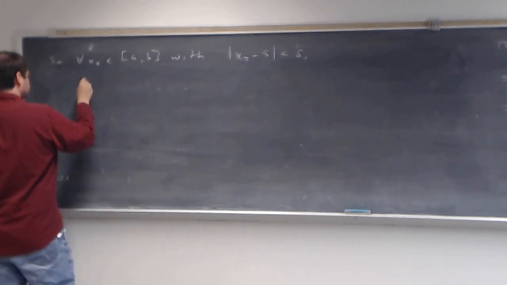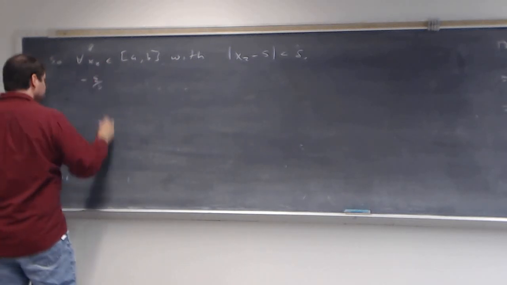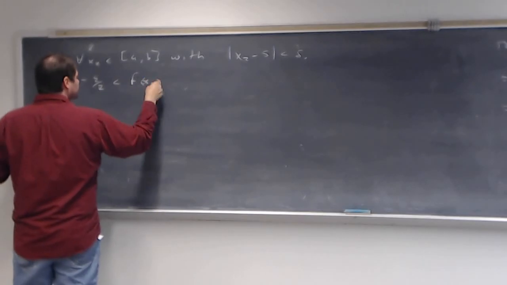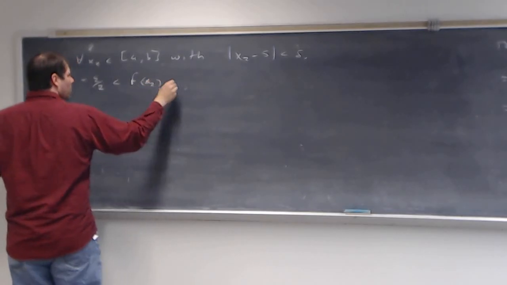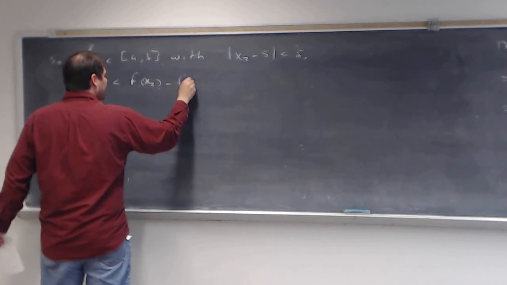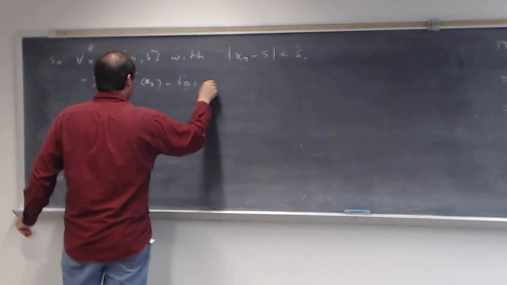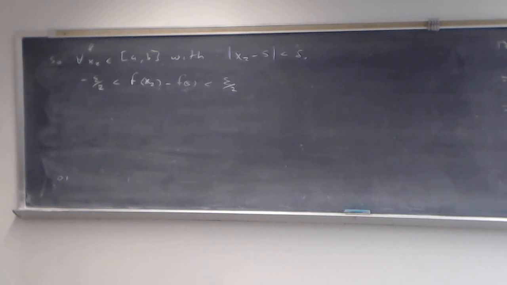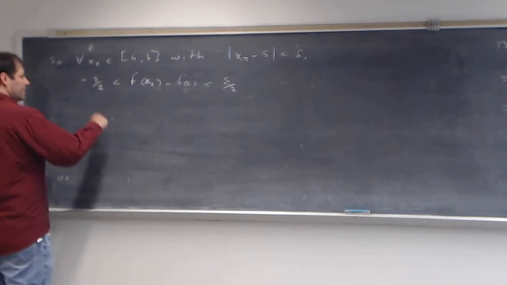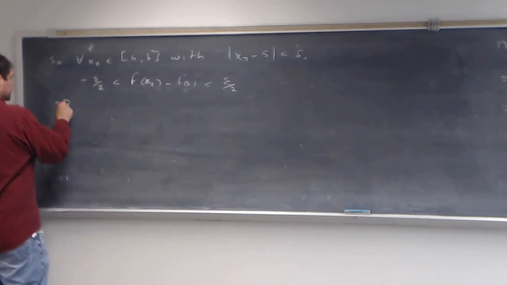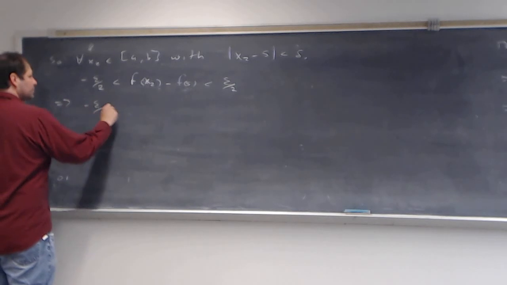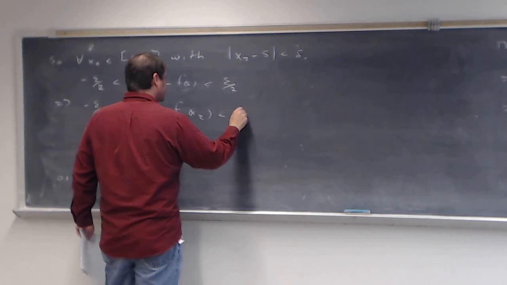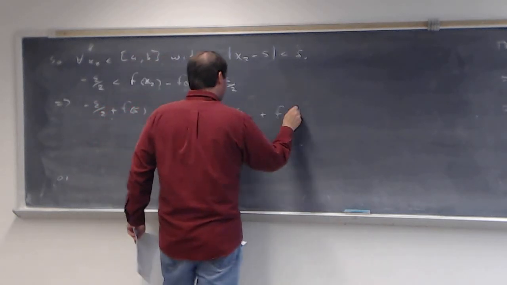We have minus epsilon over 2 less than f of x sub 2 minus f of s, which is less than epsilon over 2. That's just working with that statement involving absolute values that we get from continuity. Then I'm going to add f of s to both sides. So this implies that minus epsilon over 2 plus f of s is less than f of x sub 2, which is less than epsilon over 2 plus f of s.